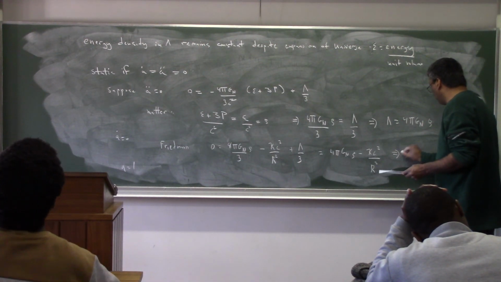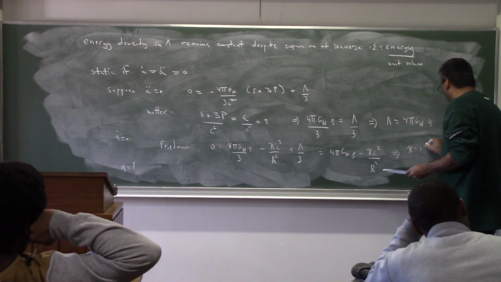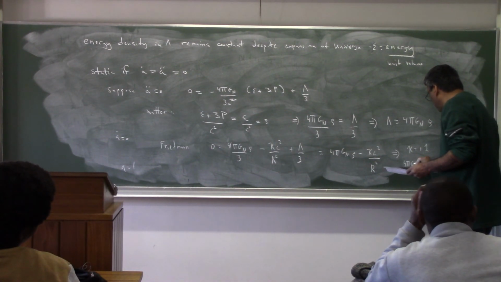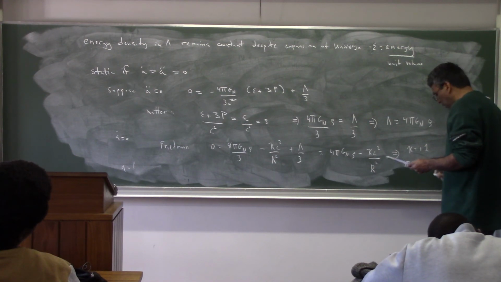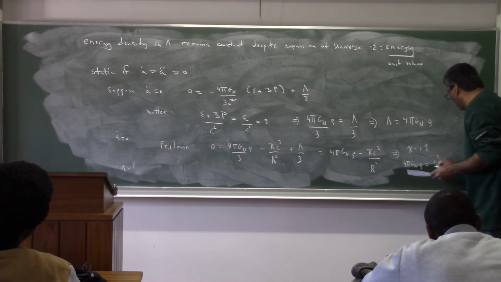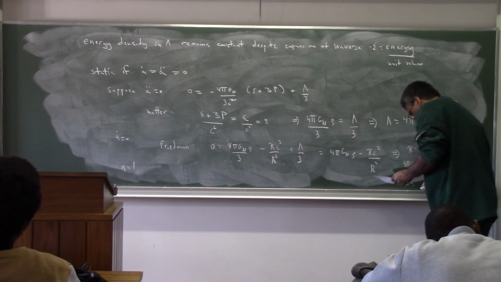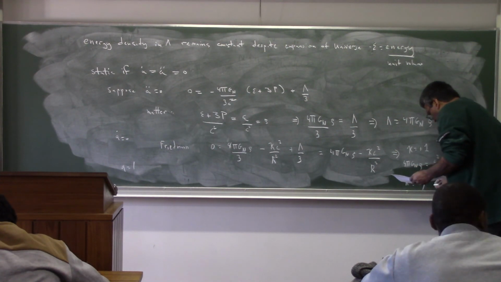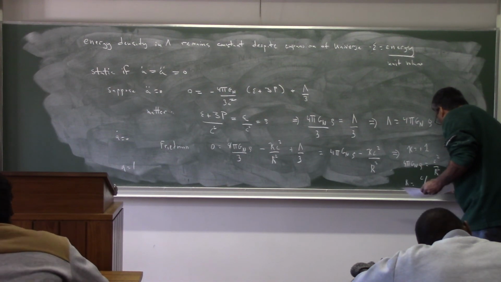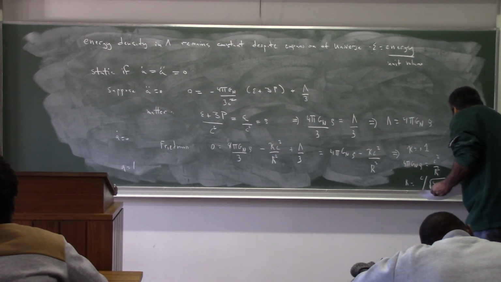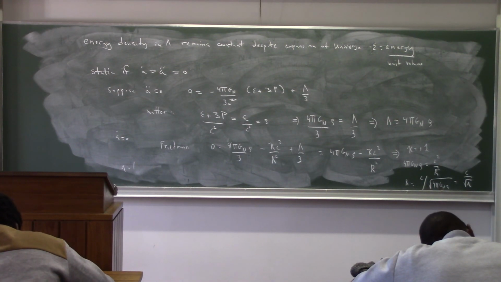So this implies that kappa equals plus 1, and 4 pi G Newton rho is c squared over r squared, or r is c over the square root of 4 pi G Newton rho, which is c over the square root of lambda.